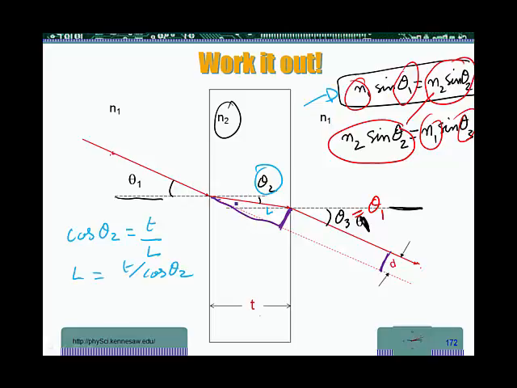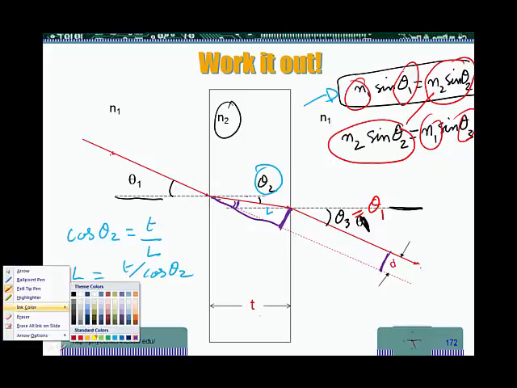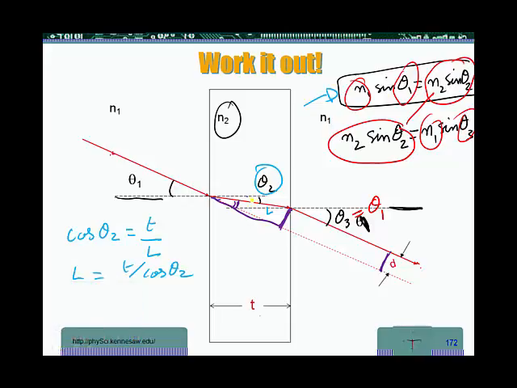So the question is, what is this angle? We know that the angle from here to here is theta 1, and we know that this angle is theta 2.